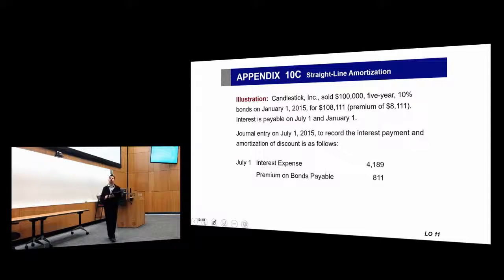So we debit premium on bonds payable, the amortization amount, and we credit cash 5,000. Cash will be credited 5,000 regardless of whether we are amortizing a discount or a premium. This is the amount of cash paid. It depends on the face value and the contractual interest rate. It has nothing to do with the premium or discount.